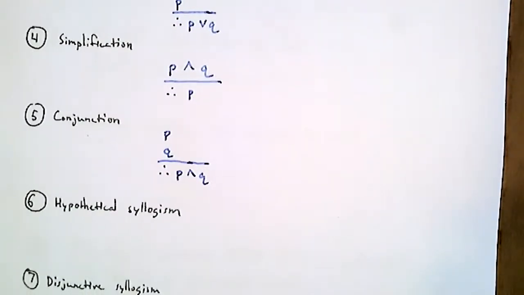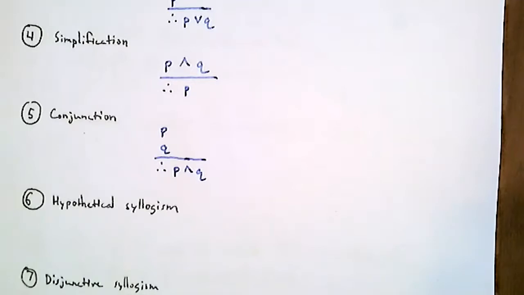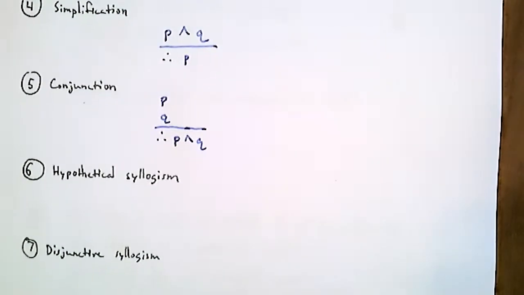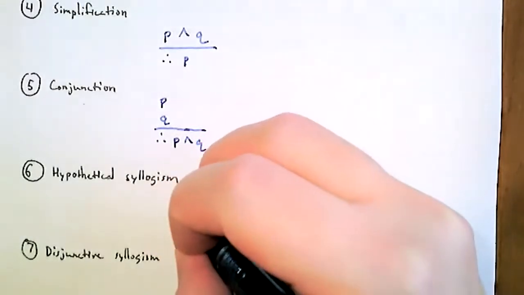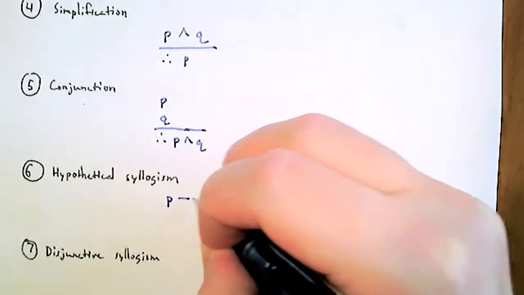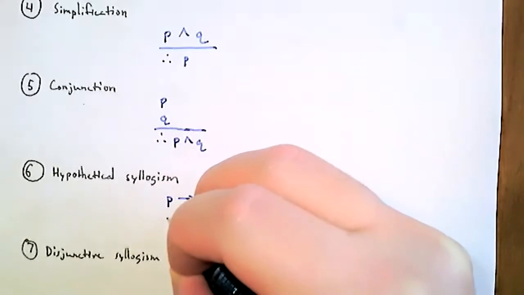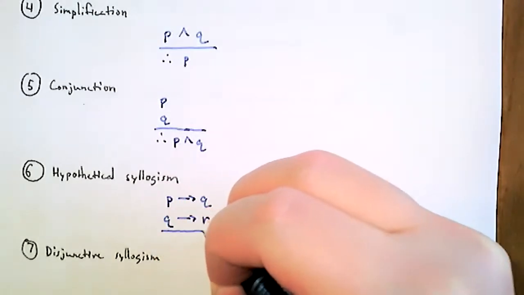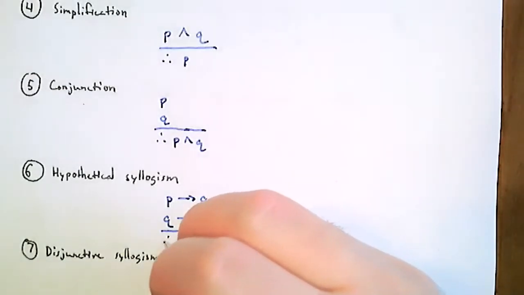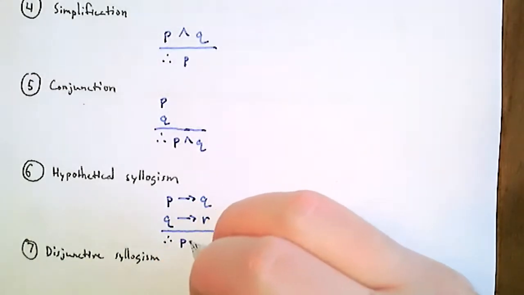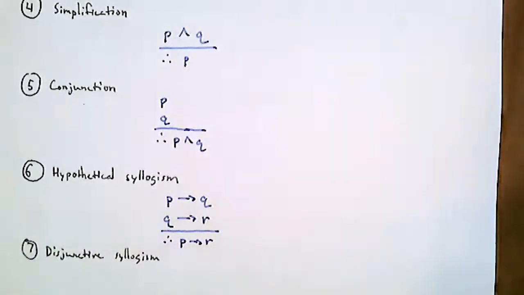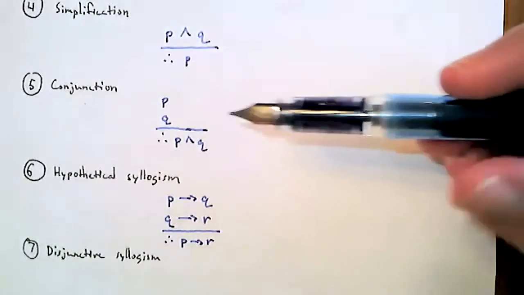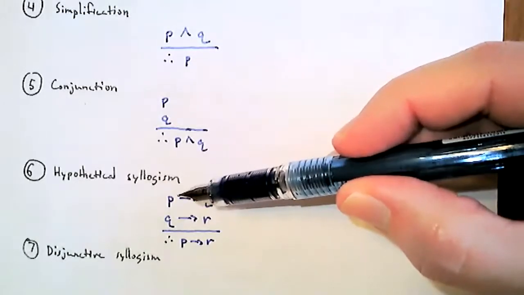The next one gets another one of those Latin kinds of names. This one's the hypothetical syllogism, and it actually relates to conditional statements. If P, then Q. If Q, then R. Therefore, if P, then R. So basically, for this one, we could look at a truth table, but essentially what's happening is that we're following the arrow.